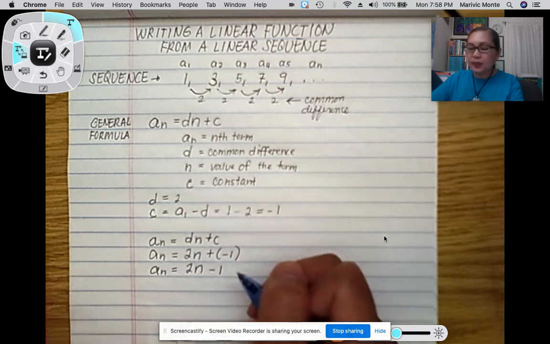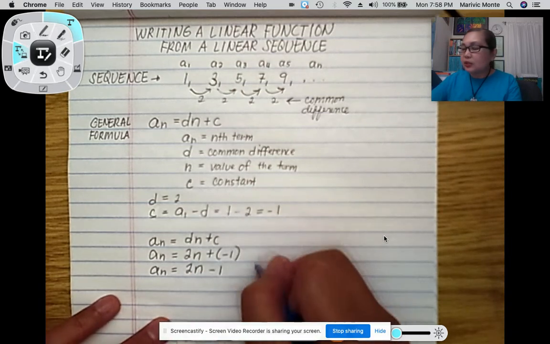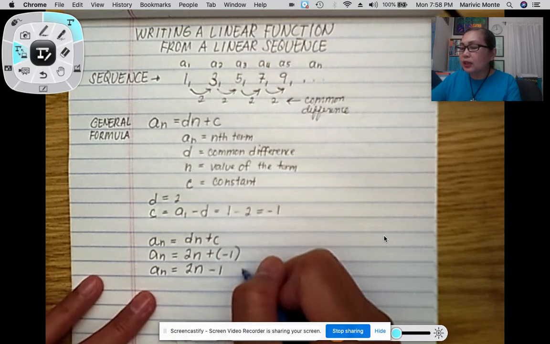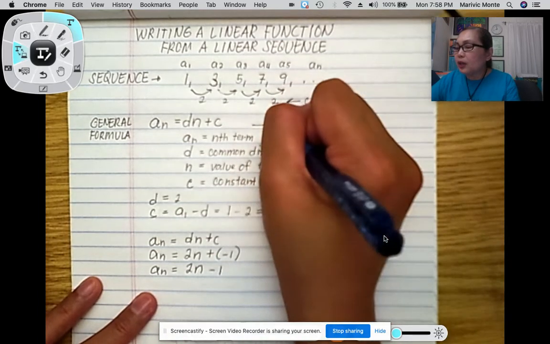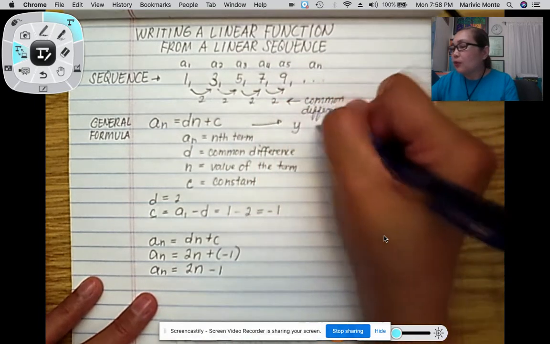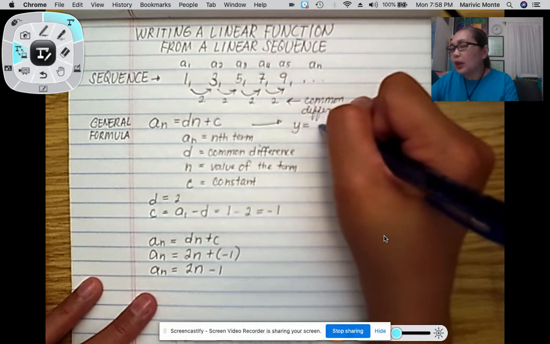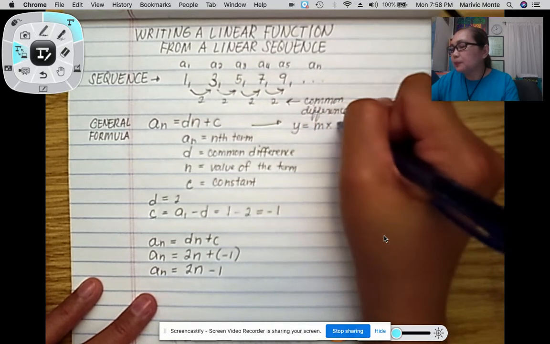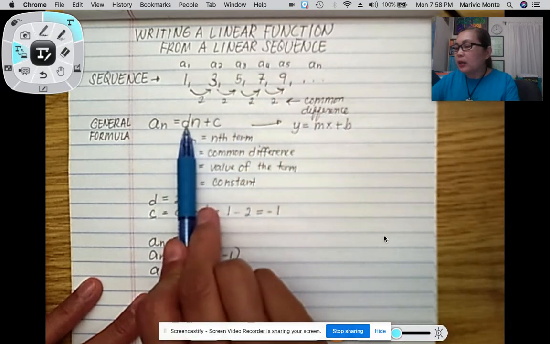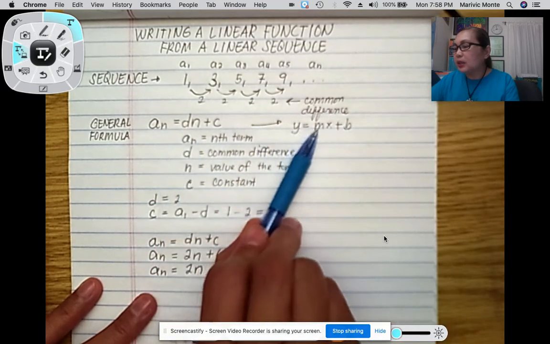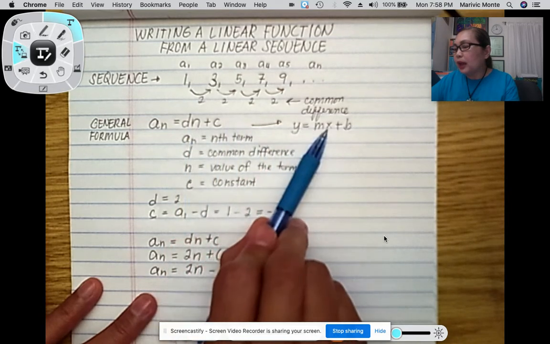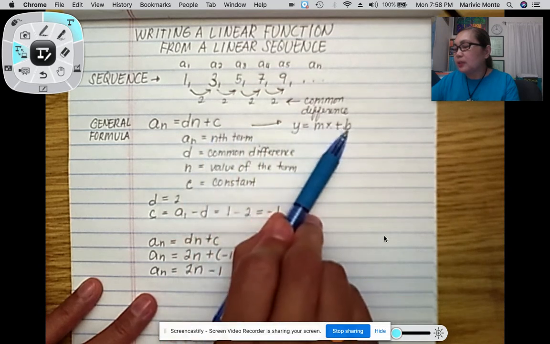And at this point, just a reminder that from our discussion, we have identified this general formula to be the same as what you commonly know from your algebra 1 as y equals mx plus b, where your A of n is y, D is the same as your m, the slope, and we simply replace the n with x, and your constant is the b.